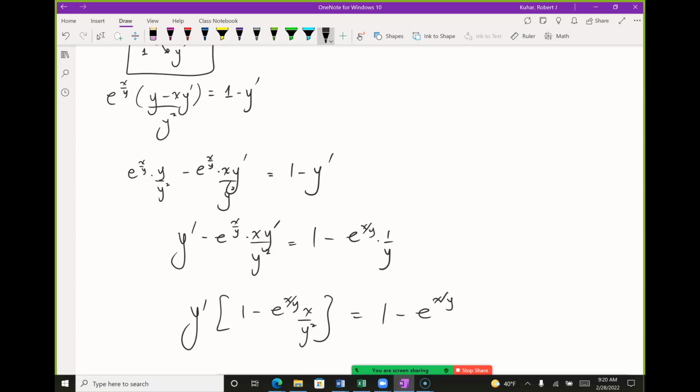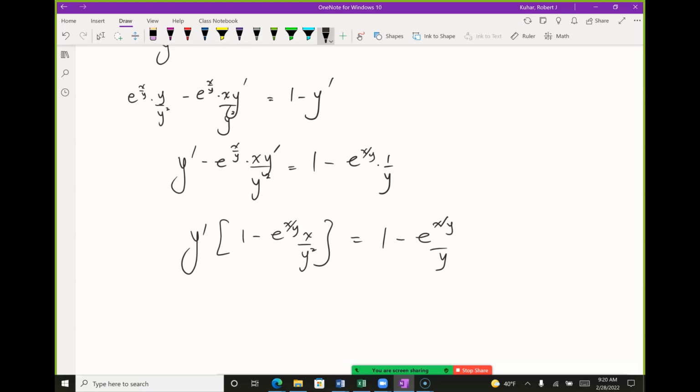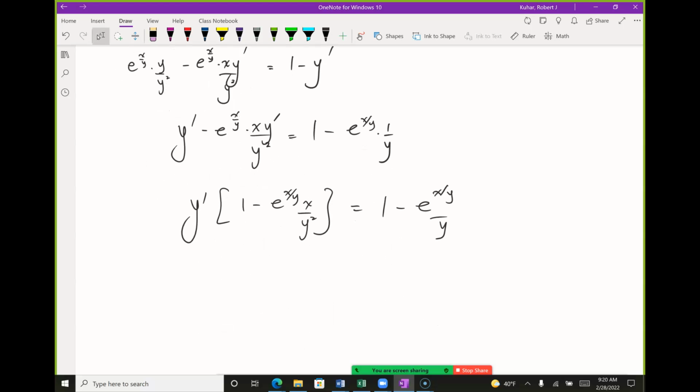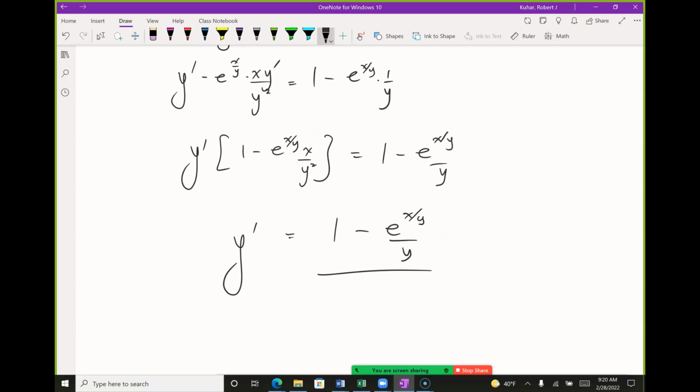You can see they're just messy, just nasty. You just got to be patient, try problems a couple of times. So I finally can solve, I can say y prime is 1 minus e to the x over y divided by y over 1 minus x e to the x over y divided by y squared.